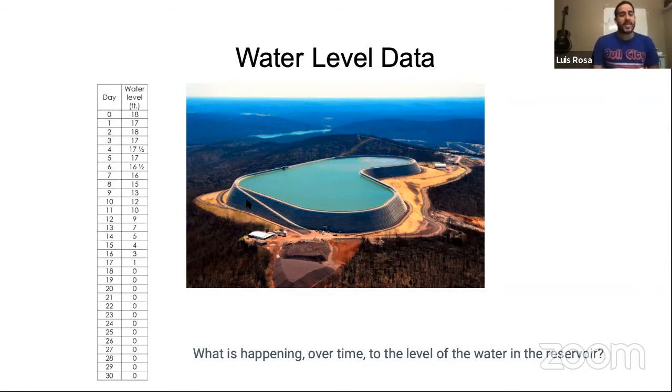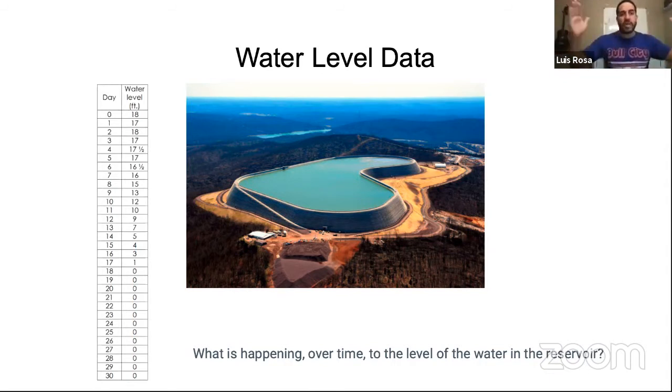As you're looking at this data, you should be noticing that the number starts at 18, goes down, then comes back up, and goes back down, then goes up a little bit, and then goes back down. But we're not looking at just the 4 days. We're looking at the entire time.